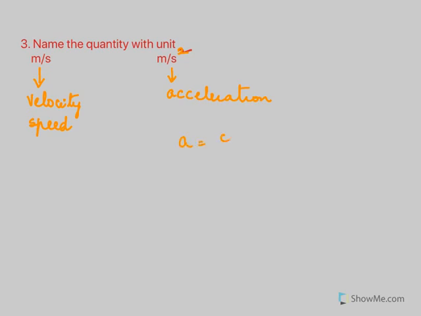Because we know acceleration is the rate of change of velocity over time, and velocity is meter per second. Time is second, so this becomes meter per second divided by second. The division becomes multiplication, 1 by second. So it becomes meter per second square. That is why acceleration is meter per second square.